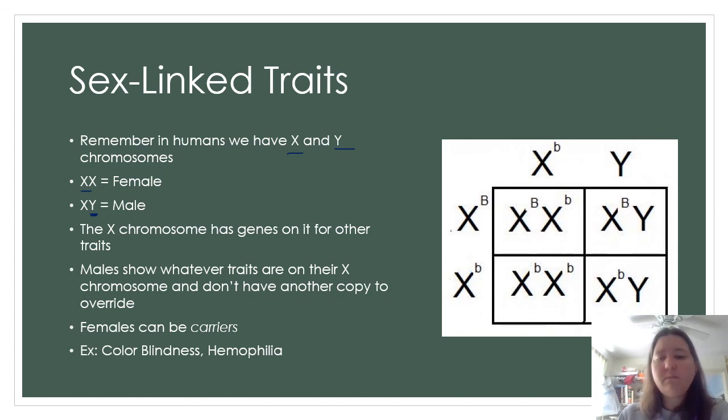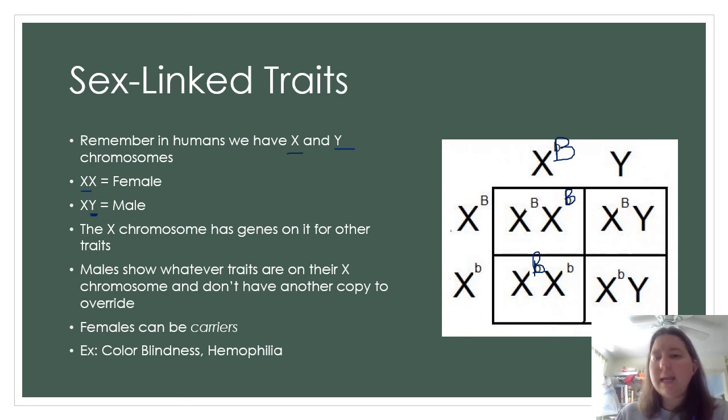Okay, so for the sake of argument, let's change this father to not be colorblind. So this daughter is going to be homozygous for color vision. This daughter, however, is going to be heterozygous for color vision. Even though this daughter is heterozygous, she can still see colors.